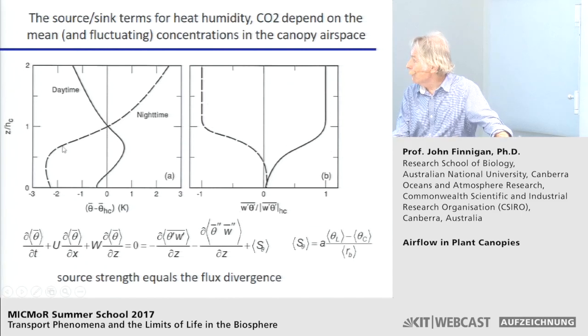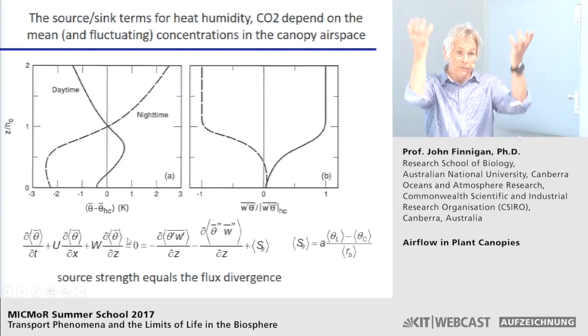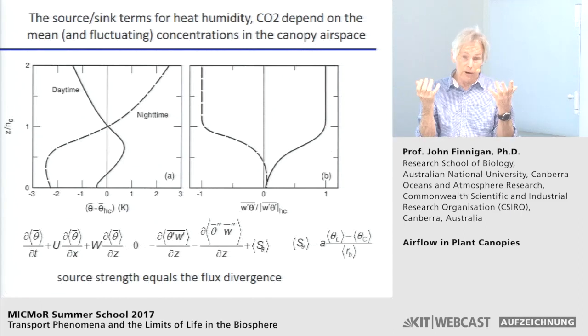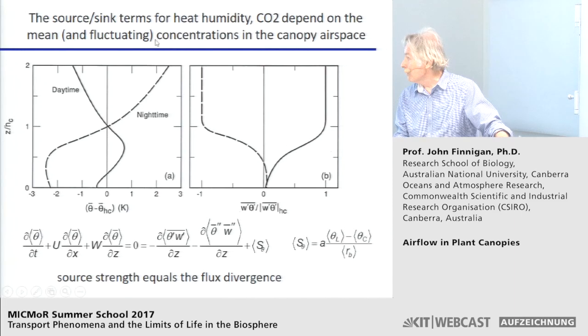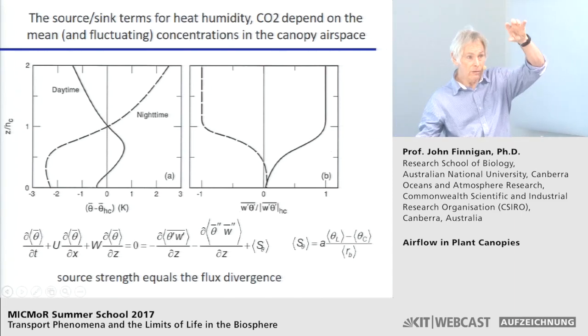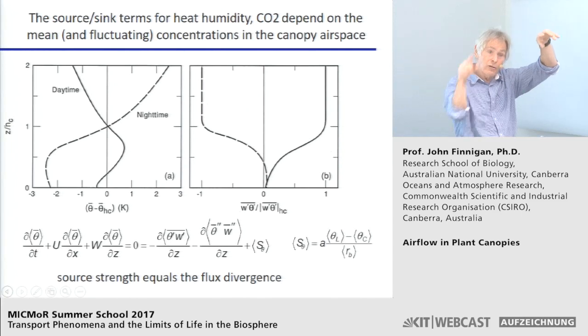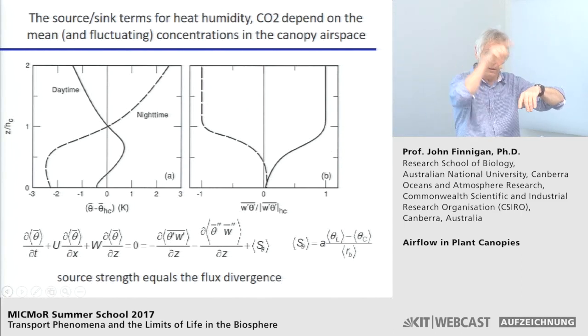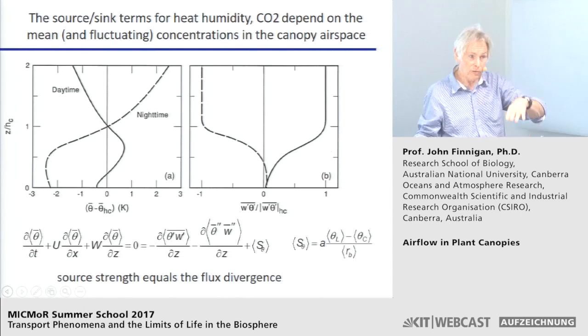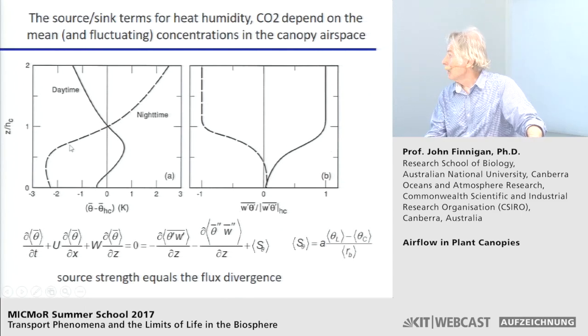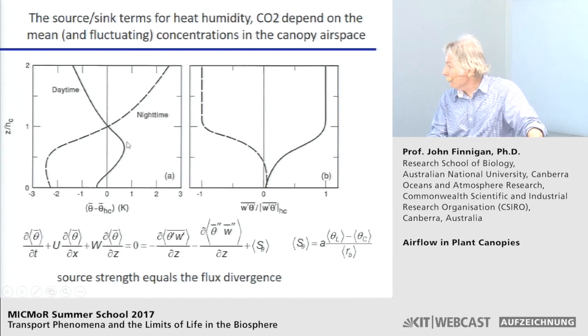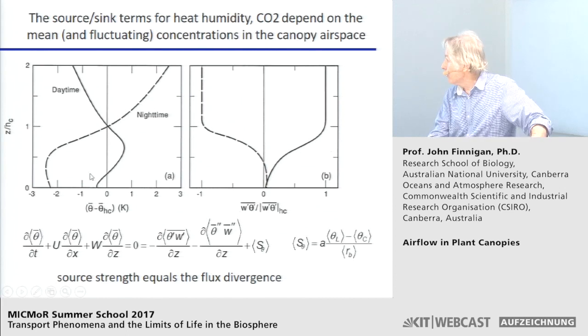At night, things reverse. The upper part of the canopy, the crown space, is radiating infrared radiation to the sky and cooling down, but the ground is a bit sheltered and stays warm. So down below, between the crown space and the ground, you get unstable stratification and buoyant turbulence, coupling the ground to the crown space, which then radiates that heat away to the sky. And we get these different profiles now of heat flux.